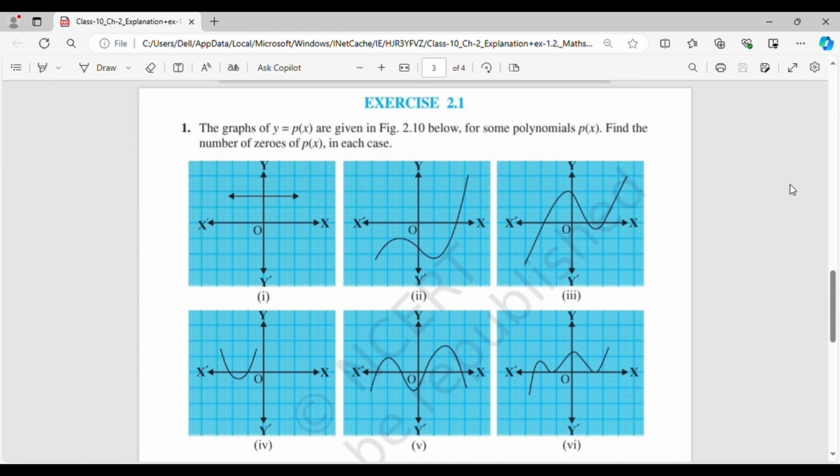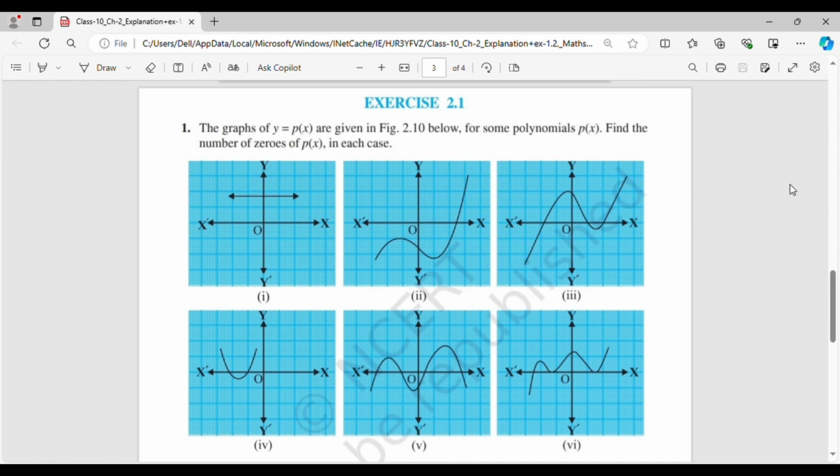Since the variable is x, the equation is in the x form, so we will see at how many points the graph is intersecting the x-axis. If the equation was p(y), then we would have seen the y-axis, at how many points it is intersecting it.